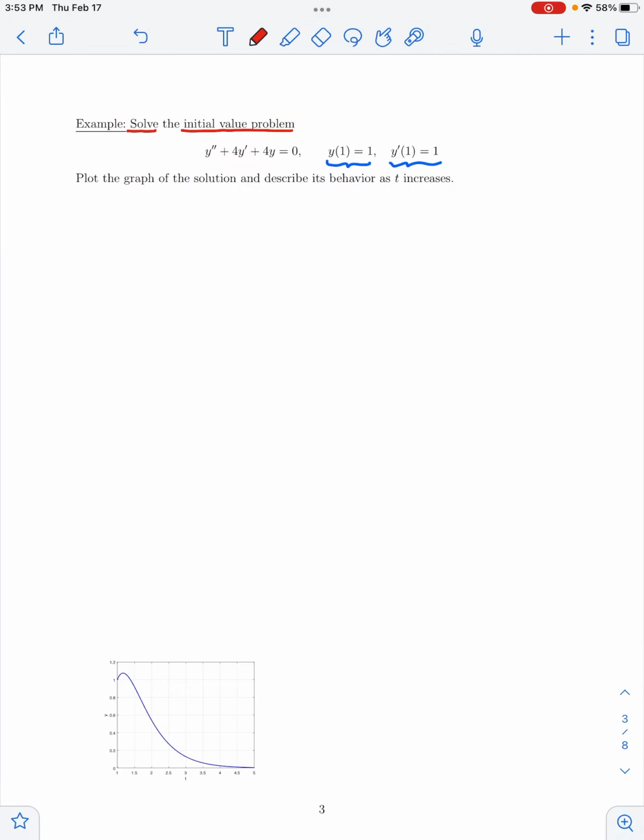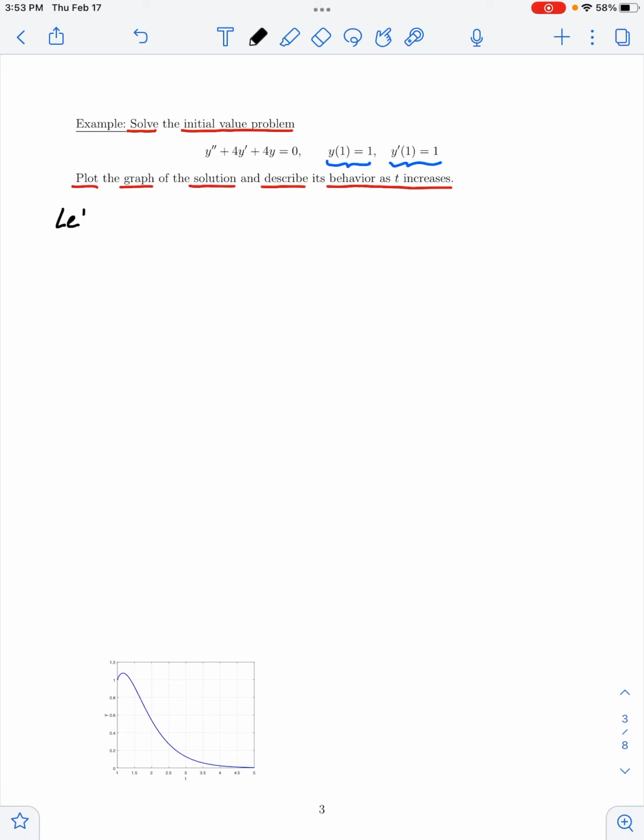So we want to solve this initial value problem and then plot the graph of our solution and describe its behavior as t increases. So same sort of approach to this problem.